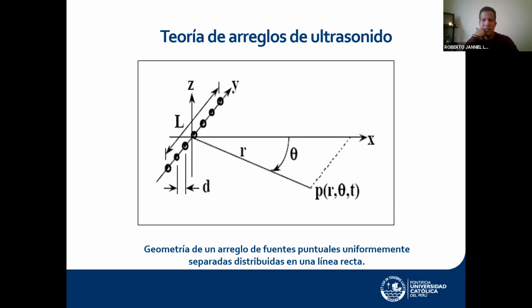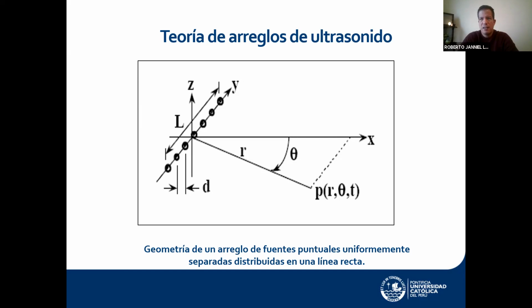Single element transducers, you probably get to see them in non-destructive evaluations and in very specific cases of medical, I don't know if to call them imaging. It would be more like tissue characterization. There are some commercial devices that use single element transducers. Most of them will use arrays. And the reason for that hopefully will be very evident by the time that we finish this discussion.